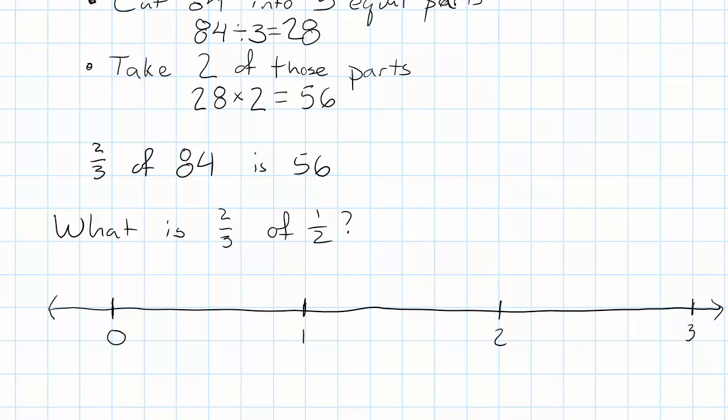First, to draw a half, we need to split each unit into 2 equal parts. So here's a half. But now we take our half and we cut our half, right? Here it is, here's a half.